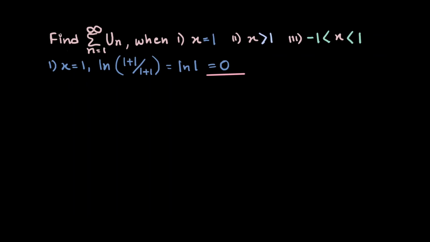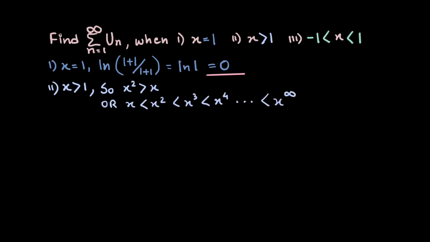Now let's consider the second scenario of x is greater than 1. X being greater than 1 means x squared is greater than x, x cubed is greater than x squared, x to the power 4 is greater than x cubed. So as you increase the value of n in the power of x, the total thing approaches infinity.